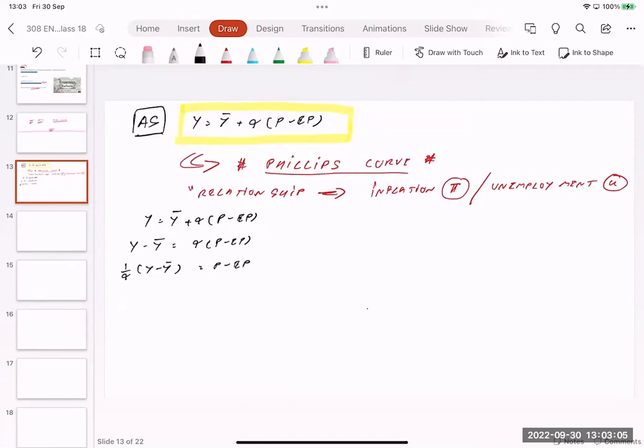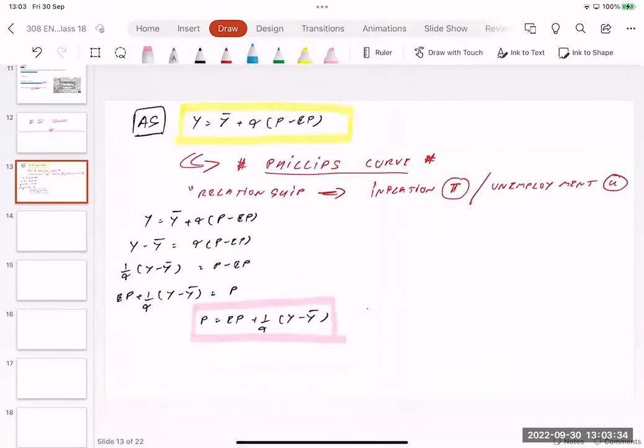Then I add ep on both sides: ep plus 1 over alpha times y minus y bar equals p. So p equals ep plus 1 over alpha times y minus y bar. We converted the aggregate supply equation back to the price equation, as you learned before.